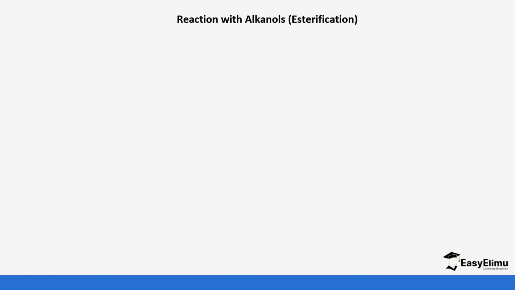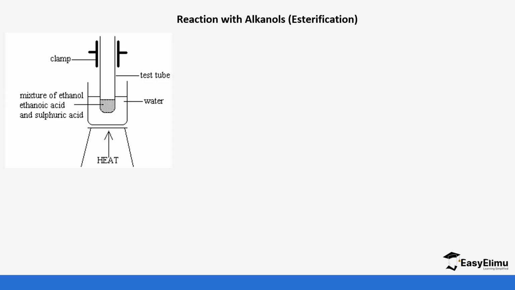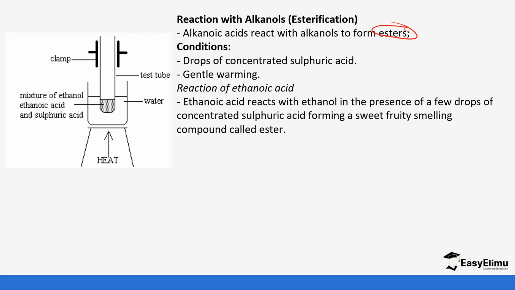So also alkanoic acids react with alcohols in presence of a few drops of an acid and heated to produce a sweet smelling compound known as ester. So this is a repetition of what we did with alcohols, and the process is referred to as esterification. So the conditions: there needs to be the acid present but not a lot, just a few drops, and then there's warming.